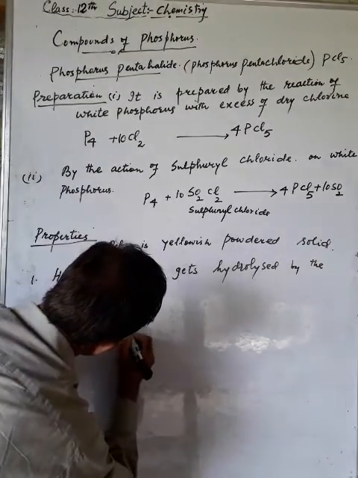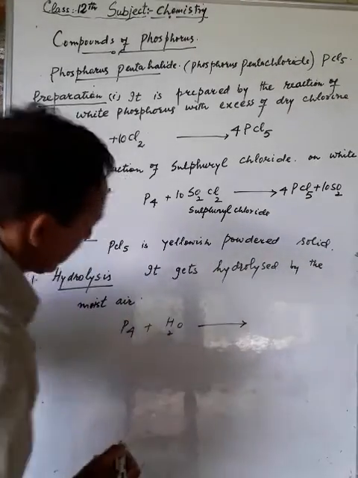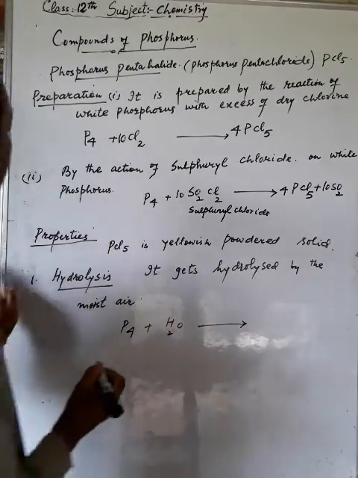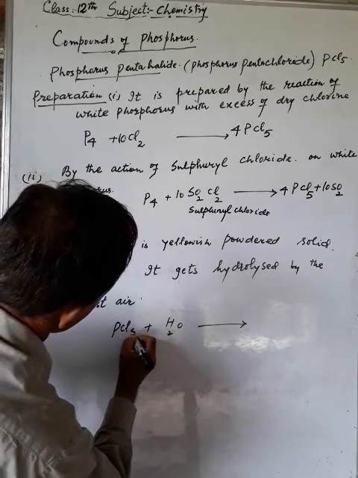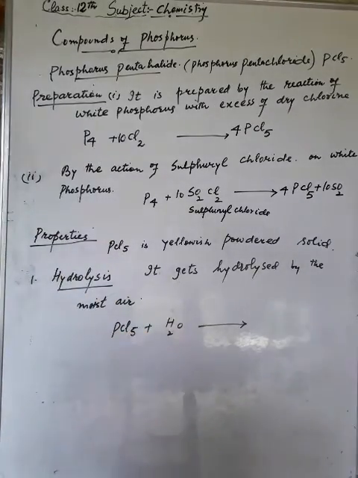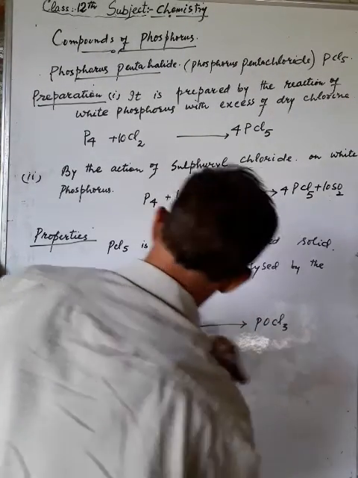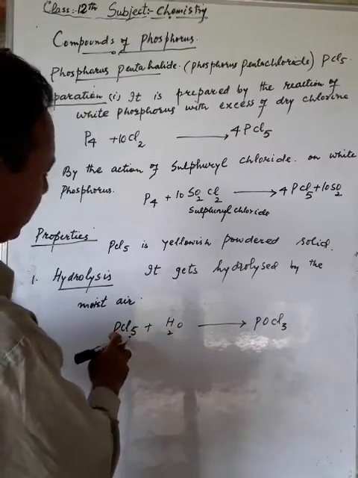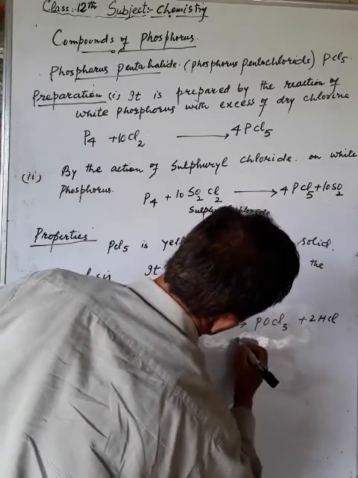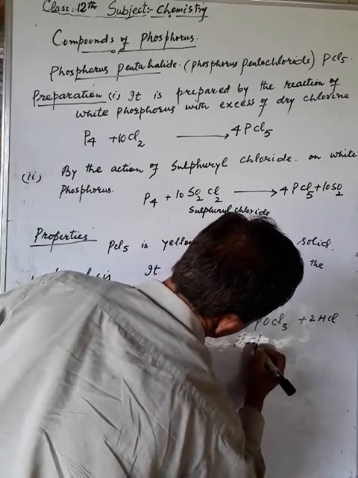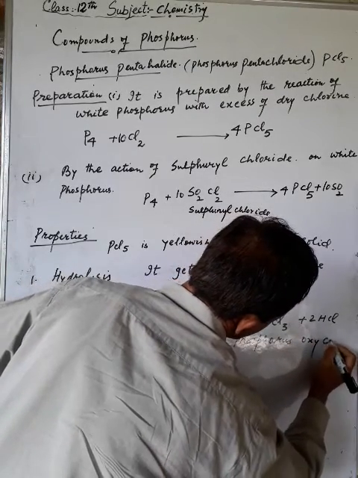Now PCl5 plus H2O forms POCl3 plus 2 HCl. This is phosphorus oxychloride.